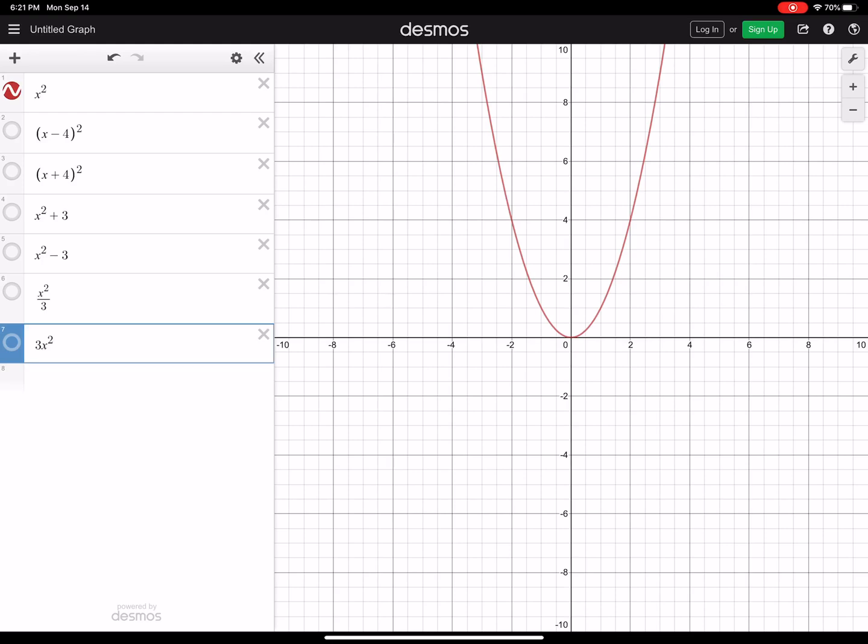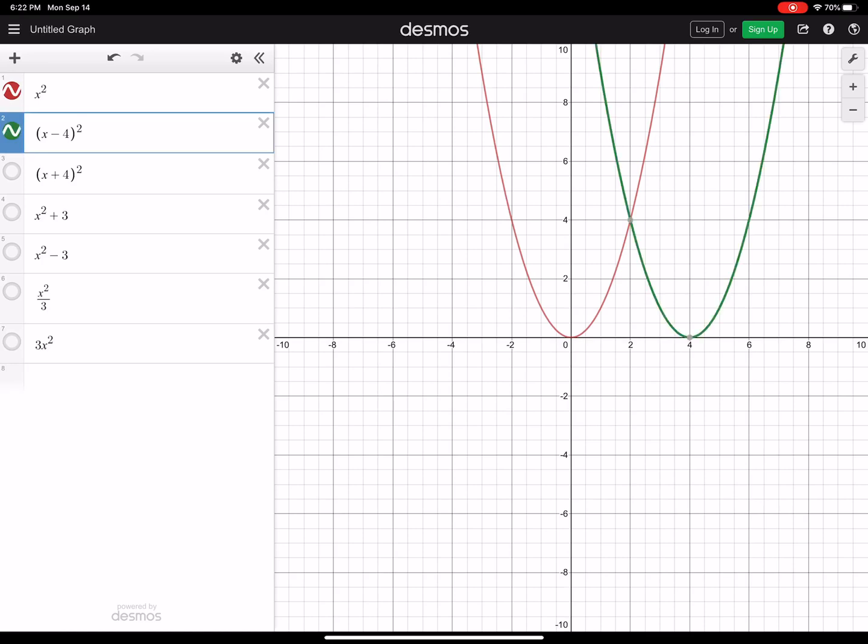But what I want to talk about now is I want to move the thing to the right 4 units. And to do that, I'm going to, in parentheses, write x minus 4 and then square it. And I've done that here. Let's show that right there.